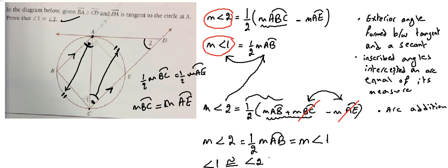All right? So that's it. For sure, we have to put the reasons. Here we subtract, right? And here we just did substitution between these two measures. And then we discovered that these two angles, since they have the same measure, are congruent.